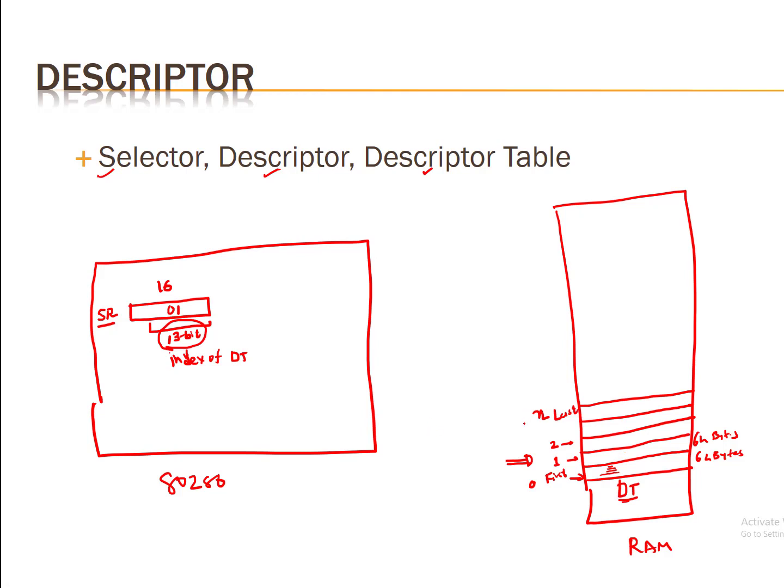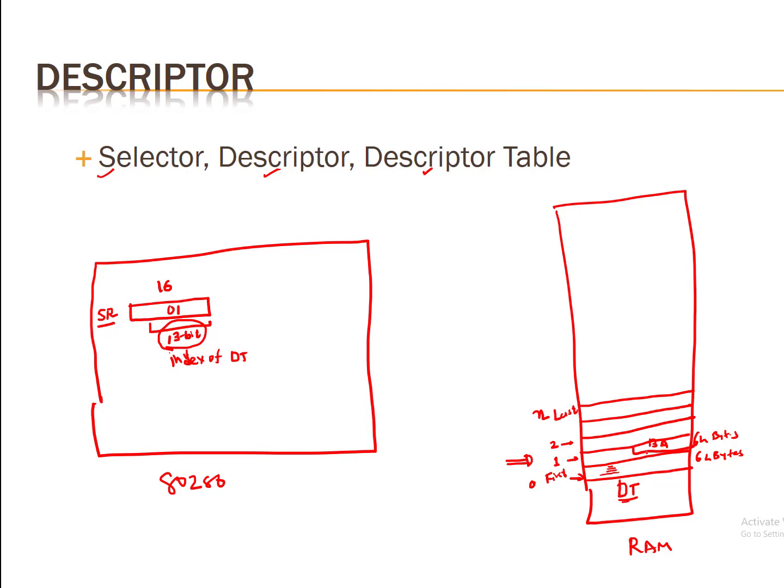So the base address of the code segment register, with respect to virtual address mode, is no longer in the CSR. It is part of this GDT entry. So the base address will be stored over here.